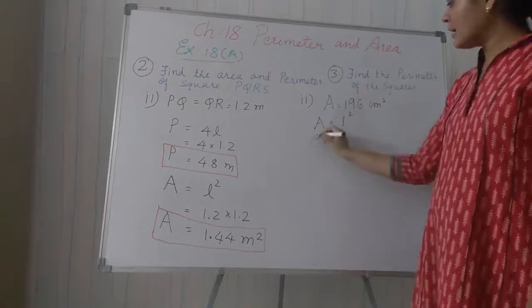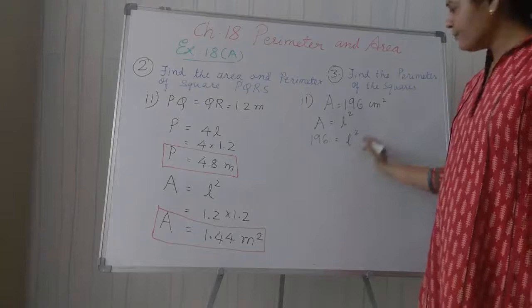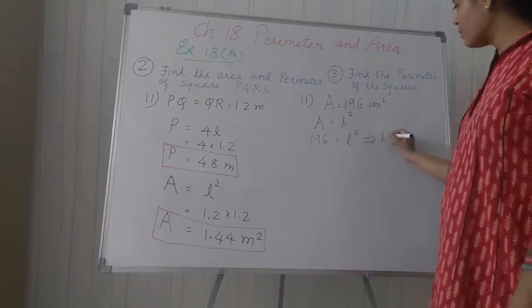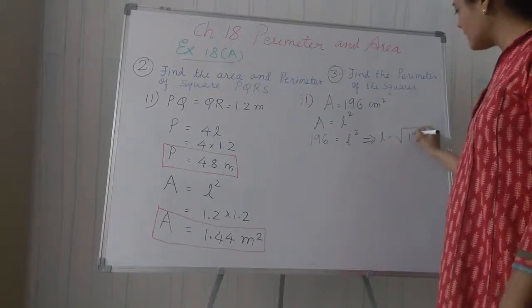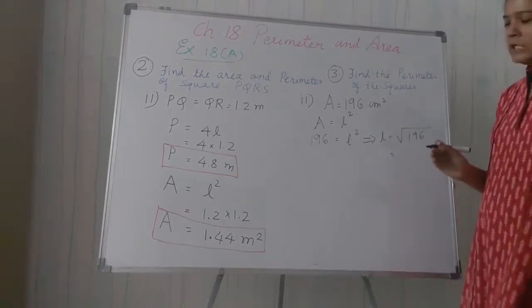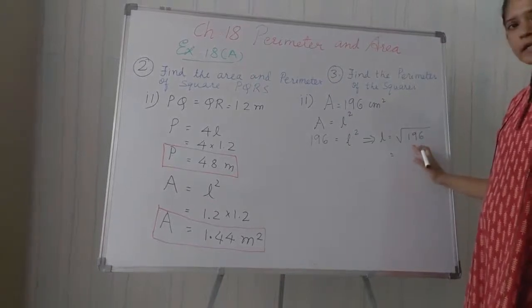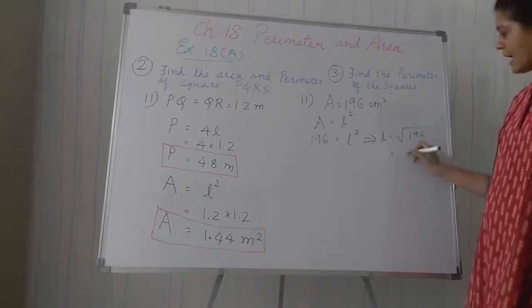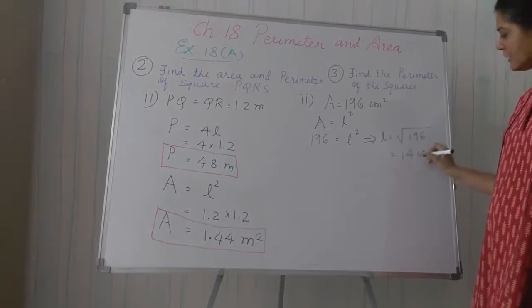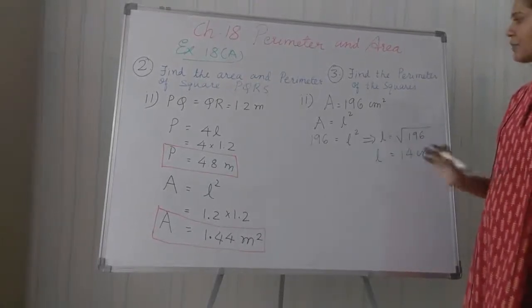Now, to get the L value, I have to take the square root of 196. Everybody knows how to find the square root; by the factorization method you can find the square root of 196. I am writing directly here 14 centimeter. So length is 14 centimeter, right?